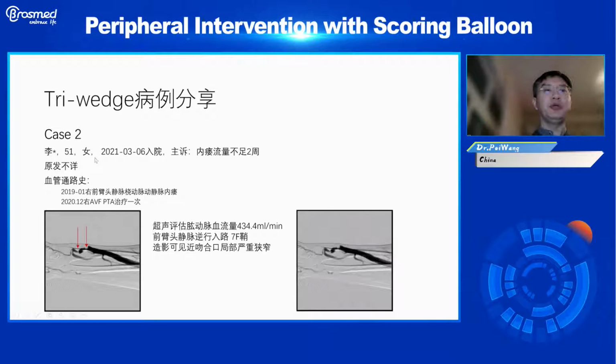For the second case, also female, 51 years old, she was admitted in March 2021. Also, the chief complaint was the insufficient flow of the fistula for 2 weeks.